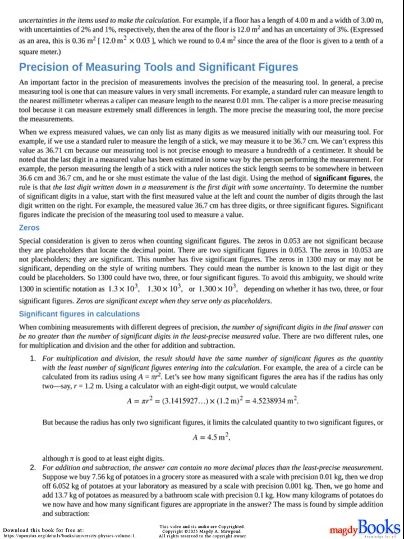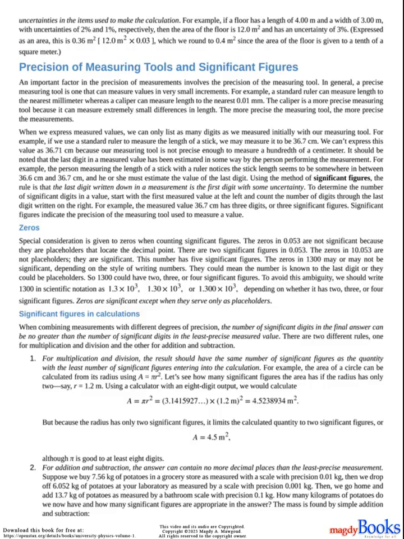Using a calculator with an 8-digit output, we would calculate A equals pi r squared equals (3.1415927) multiplied by (1.2 meter) all squared, equals 4.5238934 meter squared. But because the radius has only 2 significant figures, it limits the calculated quantity to 2 significant figures, or A equals 4.5 meters squared. Although pi is good to at least 8 digits.